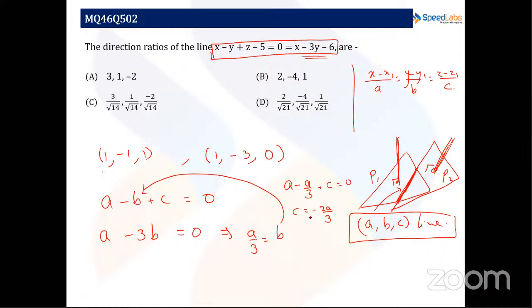So we can say that a equals 3b and a equals minus 3c by 2. So a equals 3b equals minus 3c by 2, divided by minus 3.